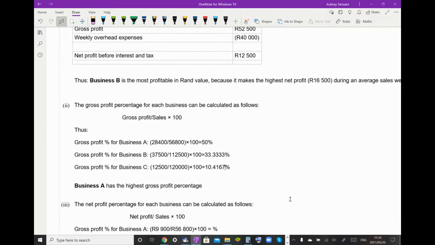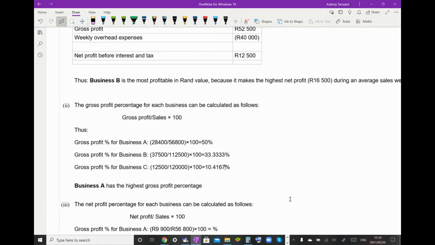Didn't make the highest net profit, but it seems to have the highest gross profit. So in other words, it's got the lowest what? Cost of sales in relation to revenue. Does that make sense? Because remember, gross profit is your revenue minus your cost of sales.